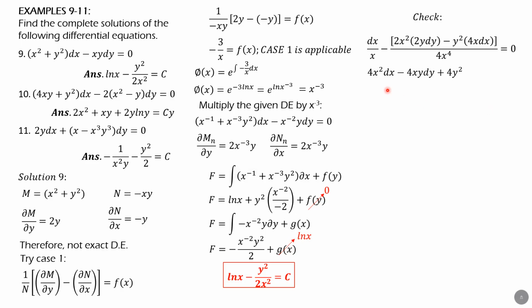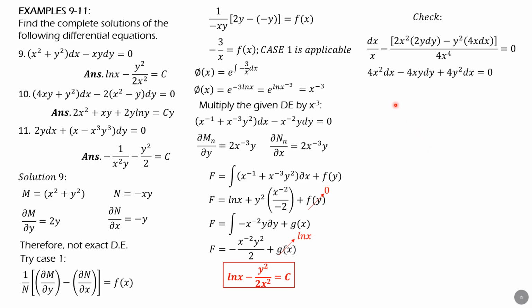So 4x squared dx minus 4xy dy plus 4y squared dx equals 0 after we multiply everything by 4x cubed. Take note, 4x cubed, not 4x to the fourth. You may multiply everything by 4x to the fourth if you want, as long as the final answer would be the same.